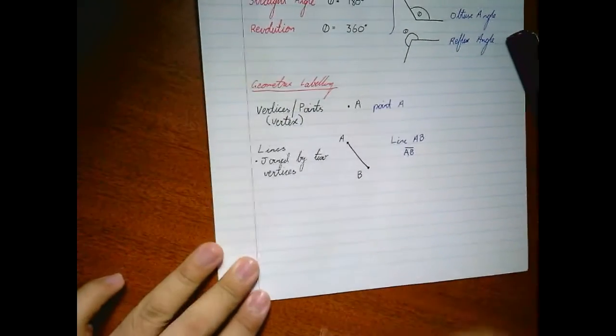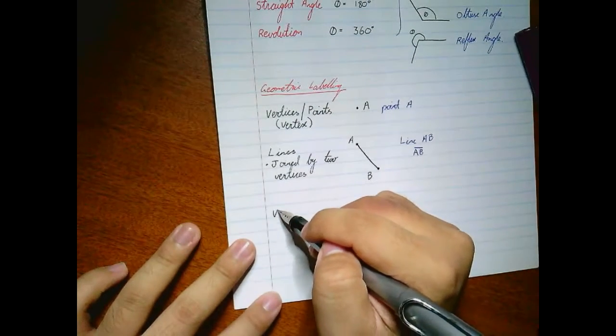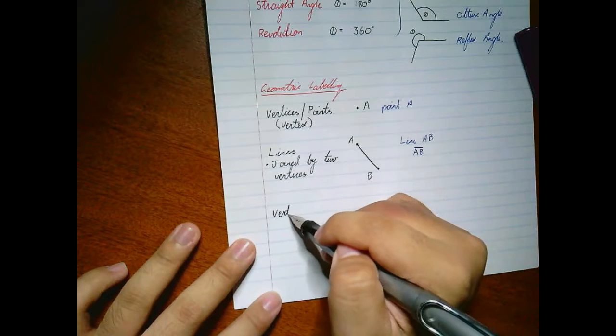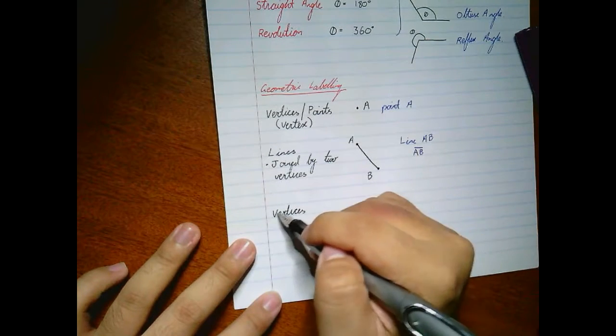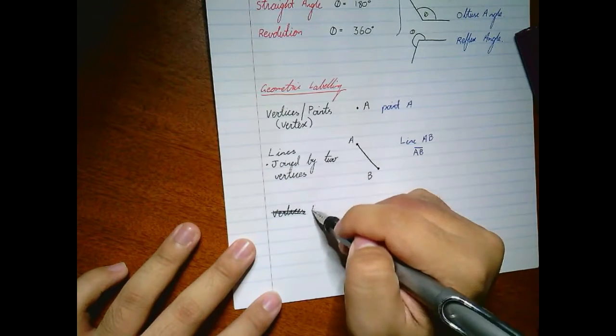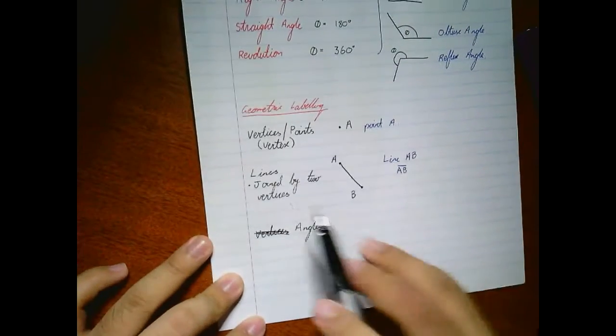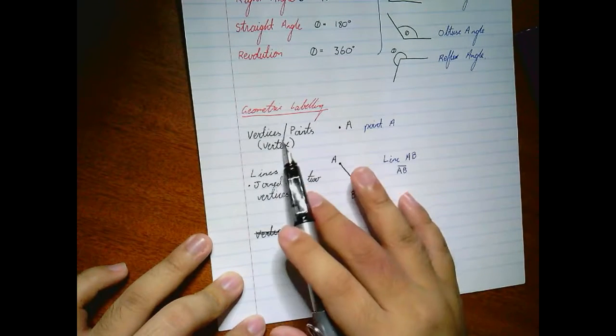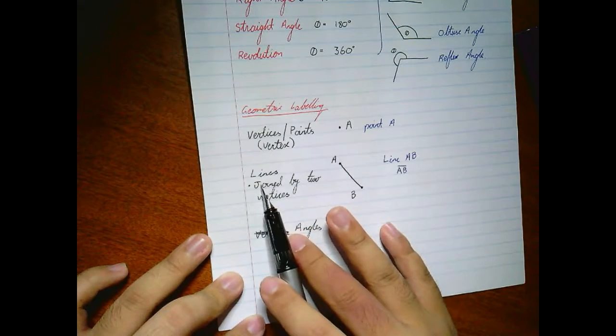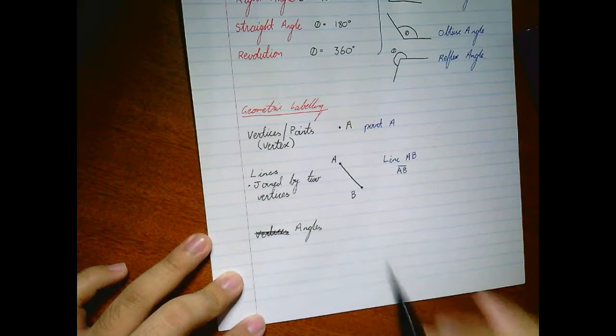And then we're going to move on to now angles. Well, if two vertices make a line, two lines will make an angle.